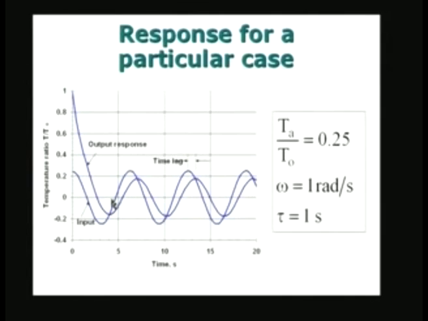Initially there is a transient, it dies down, then both of them become periodic, there is a time lag as shown here, and the amplitude is smaller than the other amplitude by a certain factor.